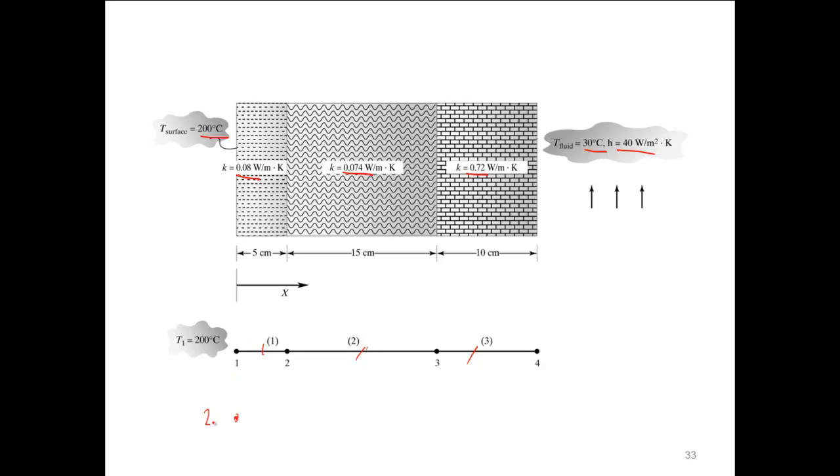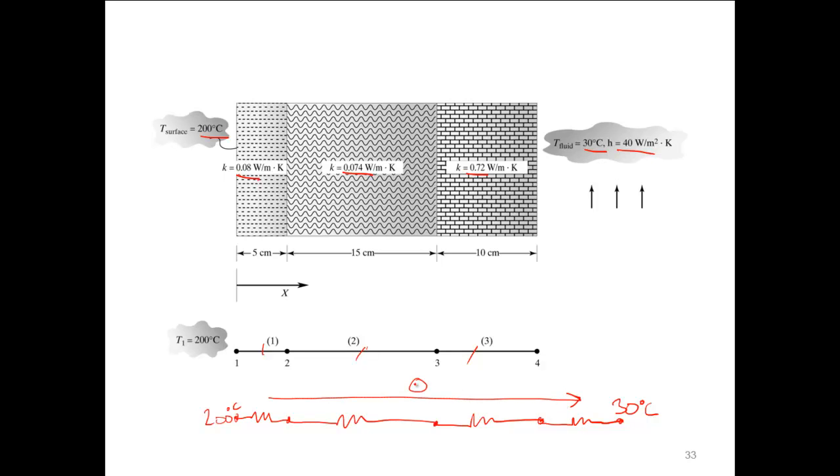So we could do this analysis. Basically, there's a fixed temperature at 200 degrees C here. And you can do a resistance here. They can actually act like little resistors, and then you have a resistor for this material, and then a little resistor for this material. And then we'd have another resistor for the convection that happens between node 4 and node 5. And at 5, we have a fixed temperature of 30 degrees C. So between all these resistances, these different materials, different modes of heat transfer, there's a constant Q dot.